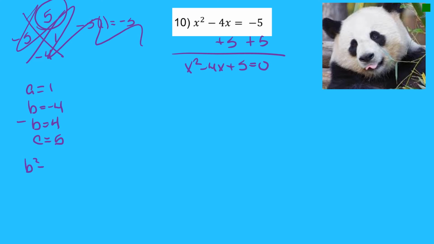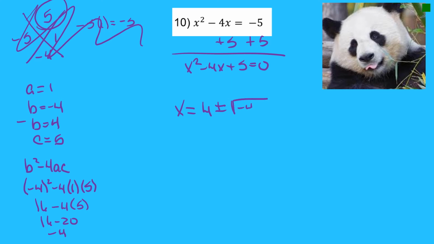The discriminant, b squared minus 4ac, -4 squared minus 4 times 1 times 5. 16 minus 4 times 5, 16 minus 20, I get -4. So I say x is equal to 4 plus or minus the square root of the discriminant all over 2 times 1.